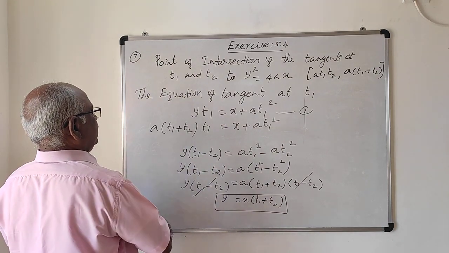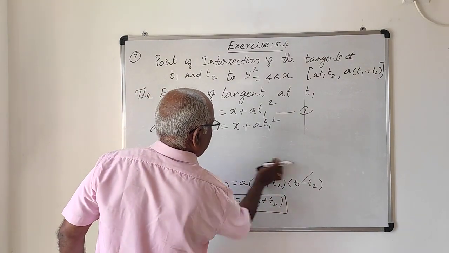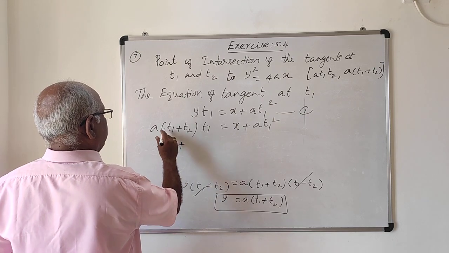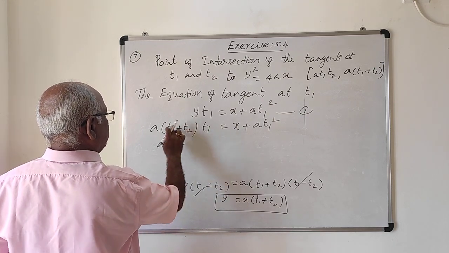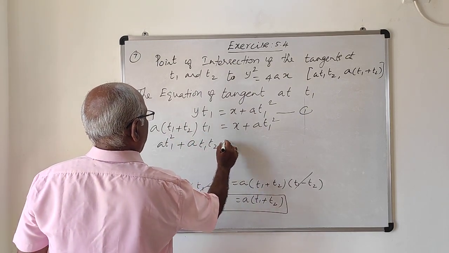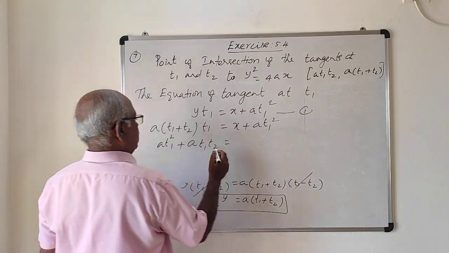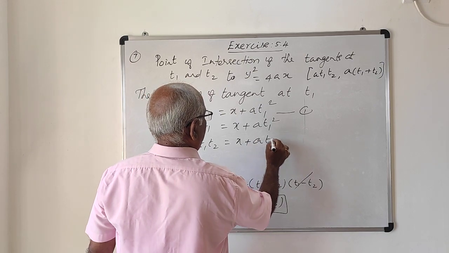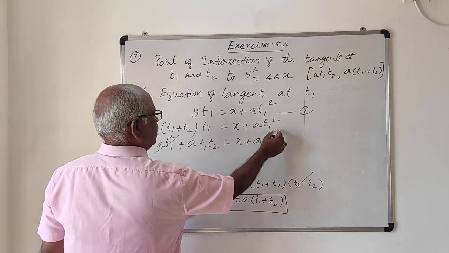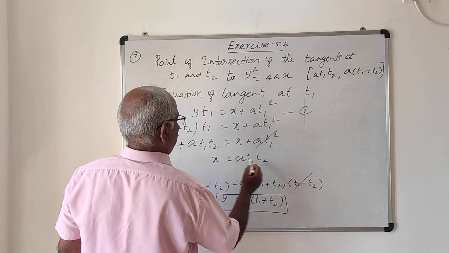Multiplying a with t1 inside, we get a t1 square plus a t1 t2 equal to x plus a t1 square. Now cancelling a t1 square on both sides, you will get the value of x as a t1 t2. X equal to a t1 t2.